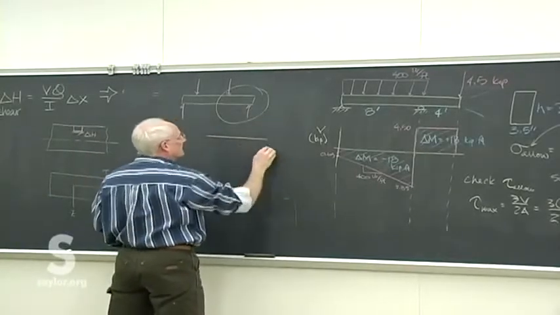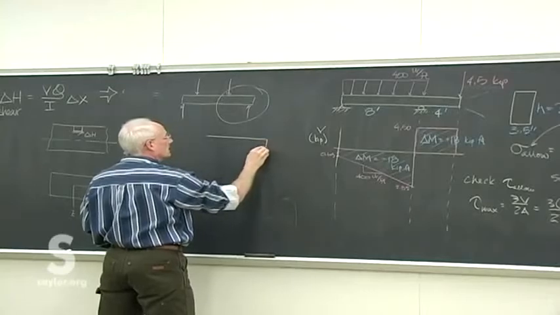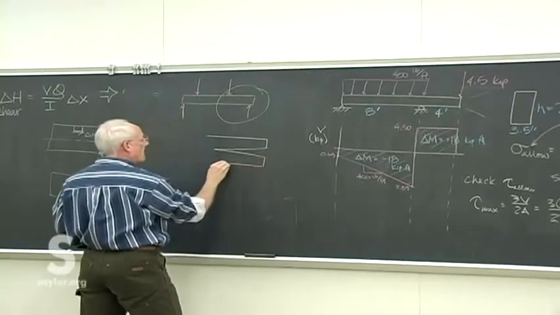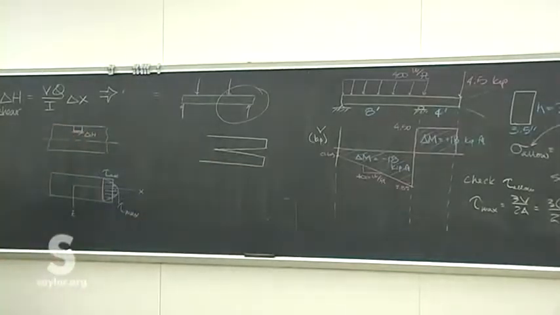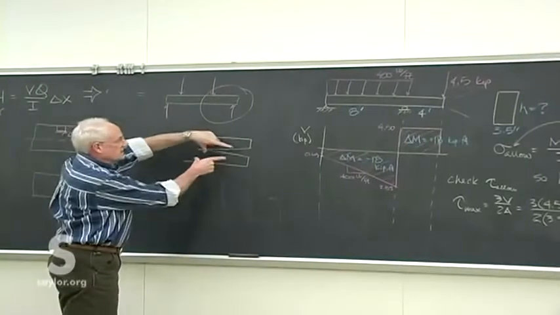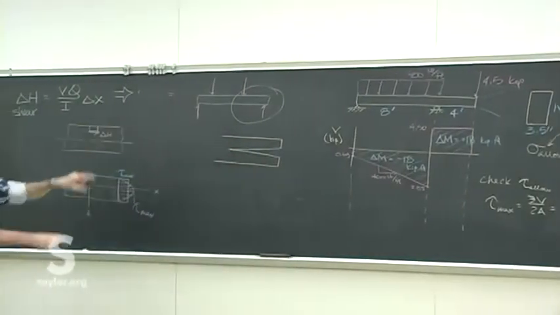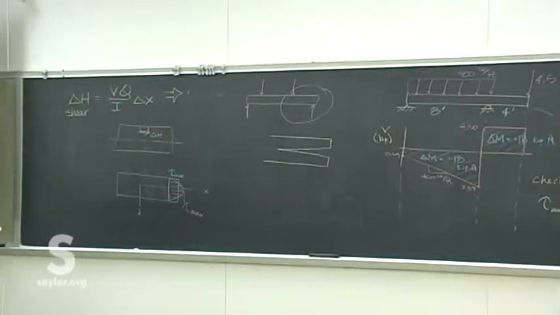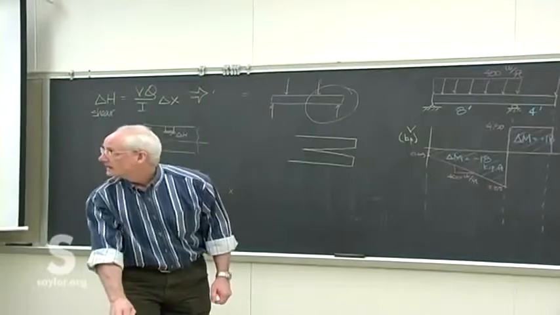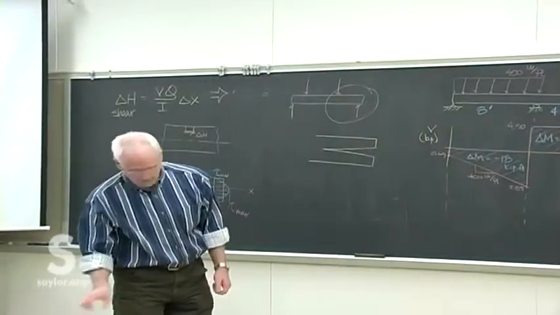If you look at it, it tends to fail something like that right down the planes where this longitudinal shear was the greatest. It actually does pull the planes apart, and then the bending separates them even farther. I think there might be a picture in the book on that, so you can double check it.